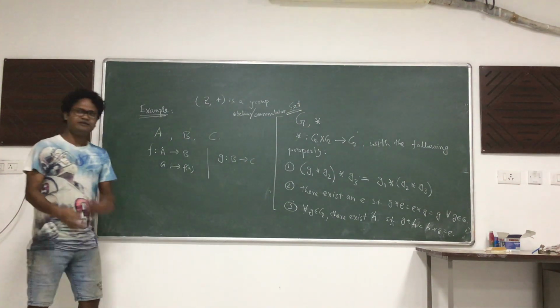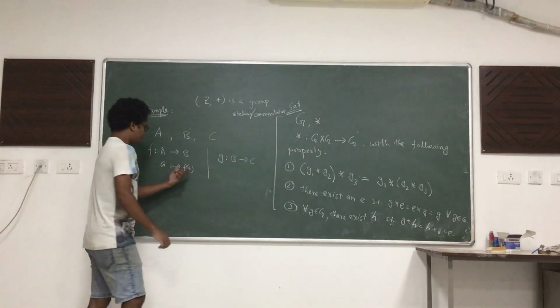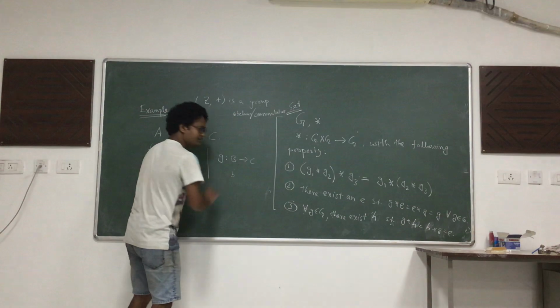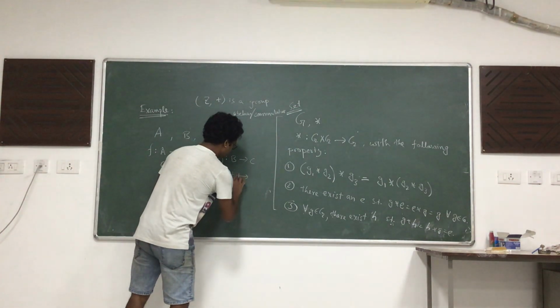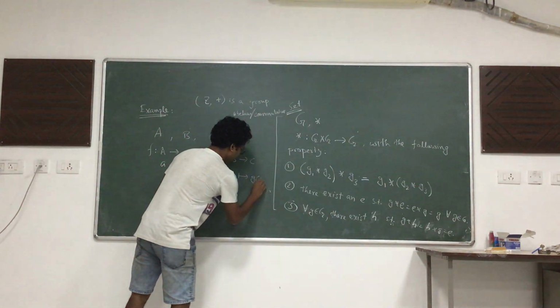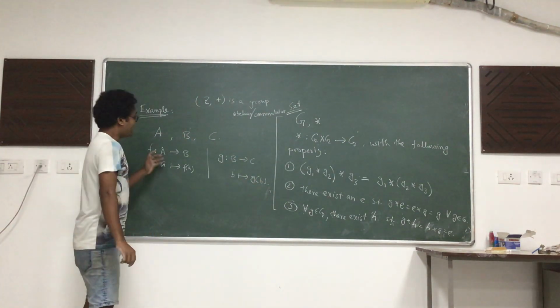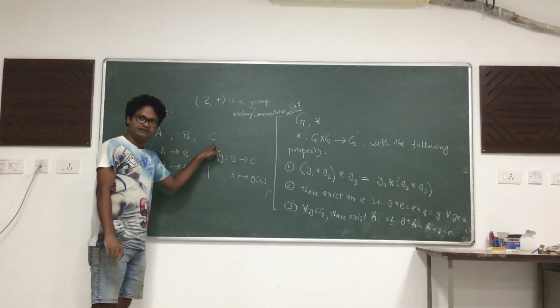Any function. By this, what we can say is that you give me one element b from capital B, and I'll say where it goes to. So basically, b goes to g of b. Can we naturally define a function from A to C directly?